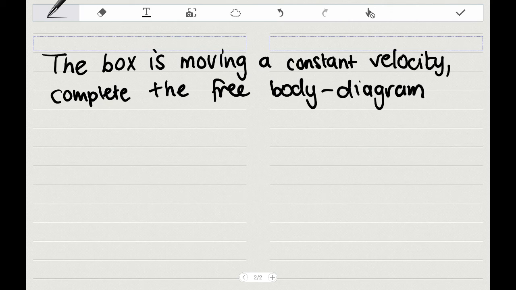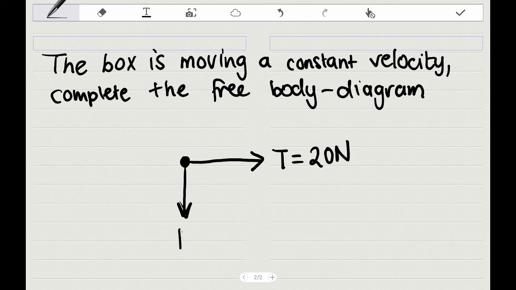Okay, so we're going to have a free body diagram here. This is a free body diagram of the box. Say they give us that it's being pulled by the tension force, which is 20 newtons, and that the gravitational force. Remember, whenever you are on Earth, and very few questions are set on a place that is not Earth, or even on the moon, you're always going to experience this gravitational force, right?